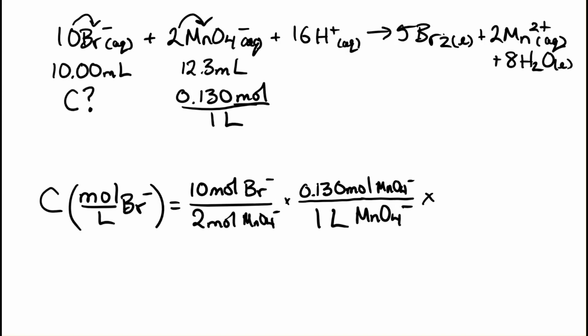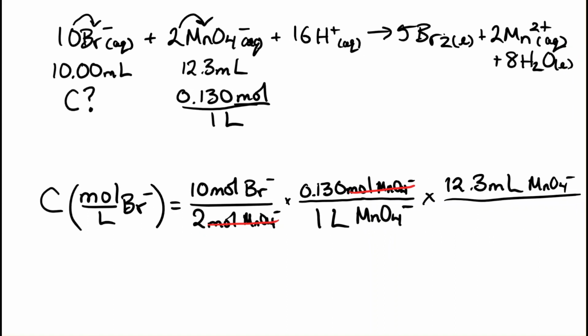So we've successfully canceled out moles of permanganate with moles of permanganate. Good, because we did not want that unit. Now we've got liters of permanganate, so let's cancel those out. I go under permanganate and I look for liters. Good. 12.3 milliliters of permanganate. I'm running out of room. I always run out of room.